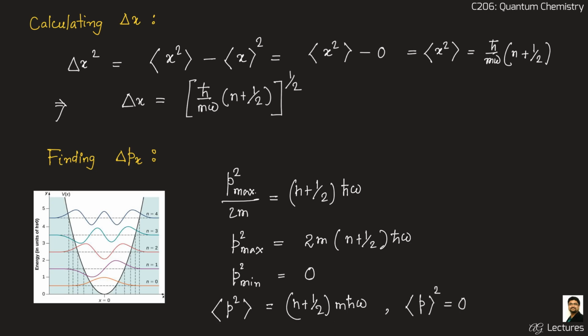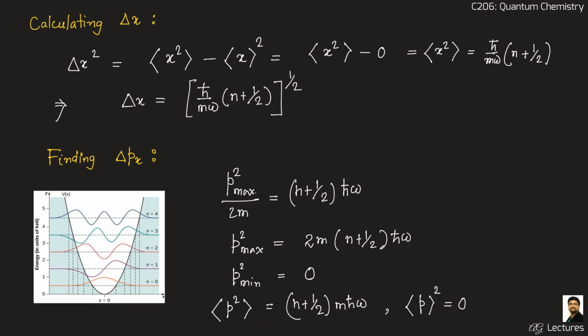Now if I just take the difference between these two, I get the delta p square. We had a delta x square here, and we get a delta p square, and that is just going to be equal to this value, because this is 0 anyway. So delta p square is just this.